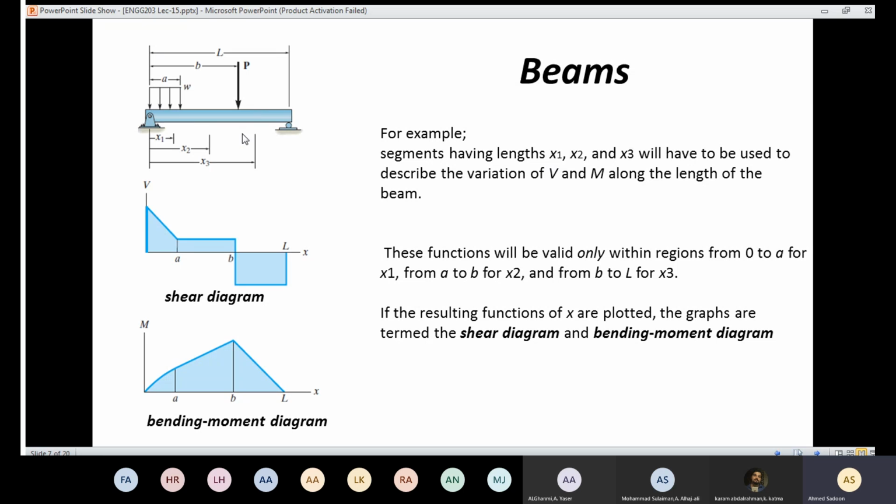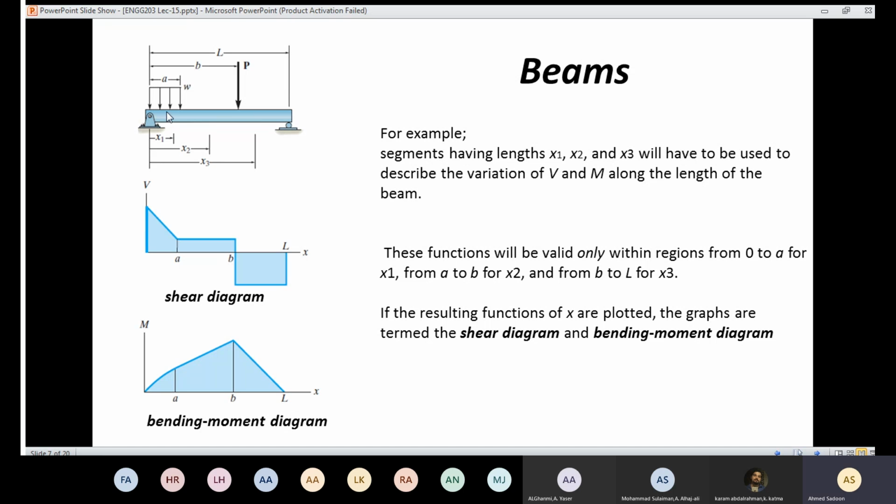So x3 represents this region, x2 represents this region, and x1 represents this region. And of course, I'm going to describe each segment by V and M. V and M are going to be functions of x, the same here and the same here.